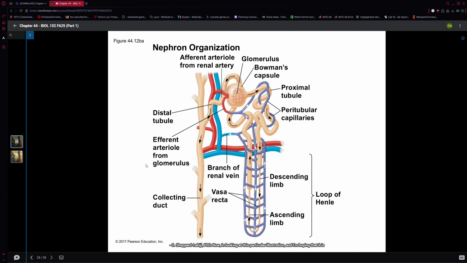Now, in looking at this particular illustration, and I'm hoping that it is not the case in the student textbook version, that's just the instructor slide deck, but the arrows for the arterioles are not entirely accurate.